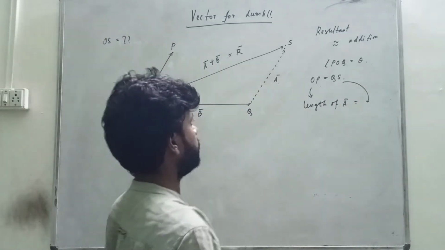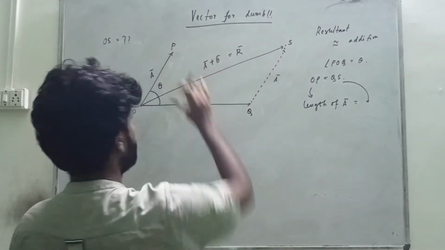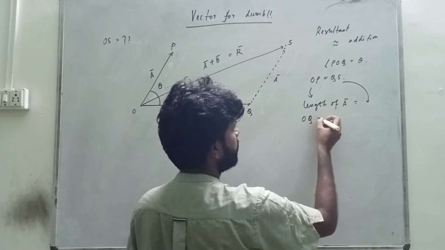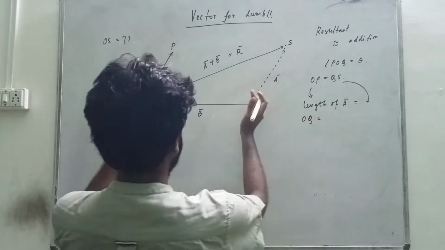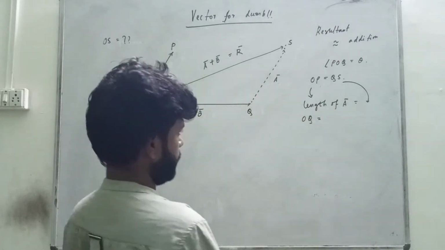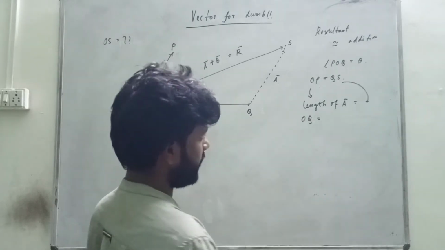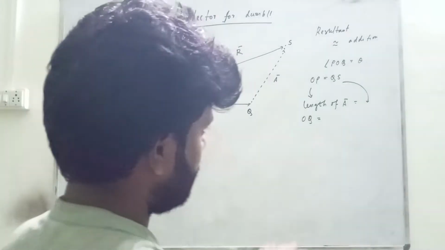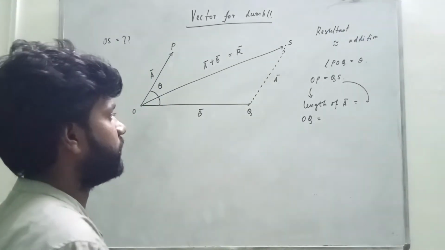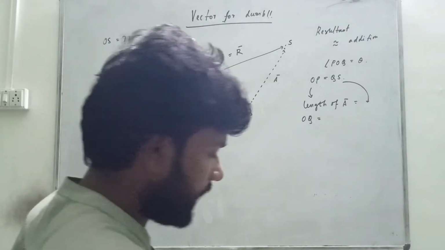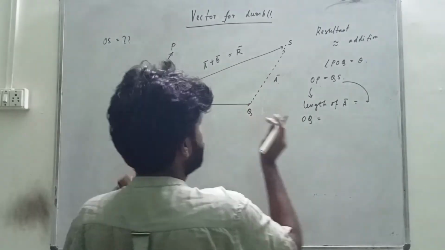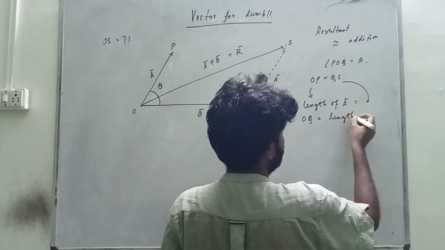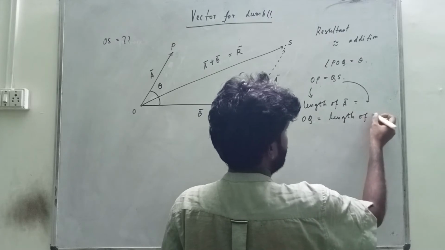And OQ means the length of b, because length means magnitude, as all of you know from our previous parts. The length of a vector is its magnitude, the same thing. OQ means the length of b.